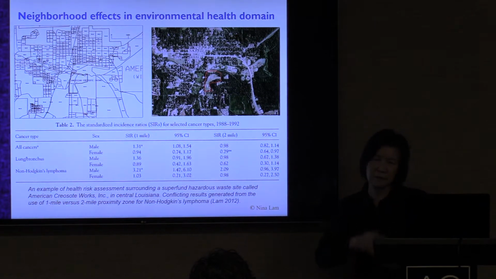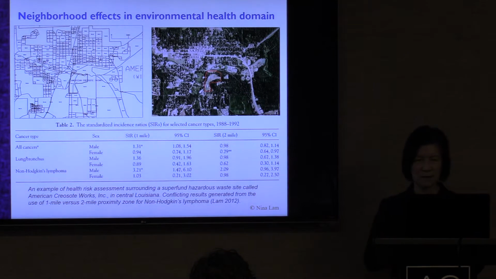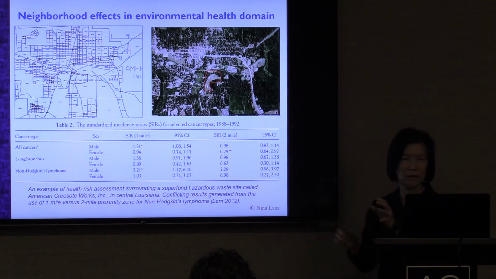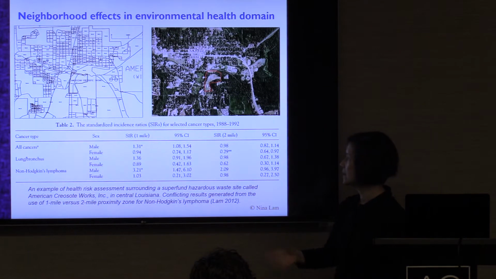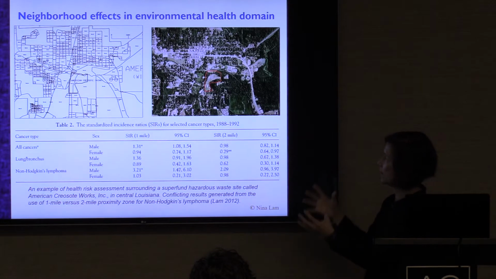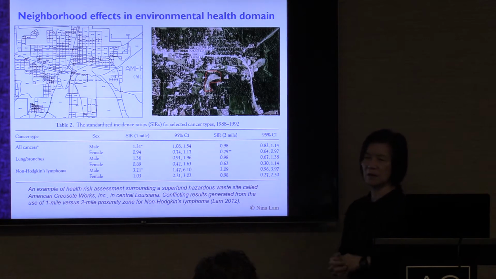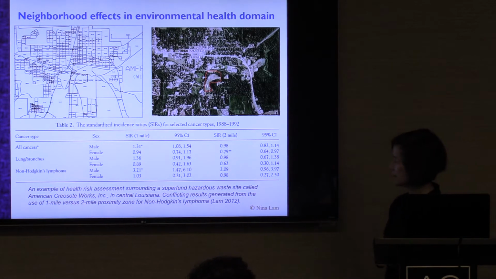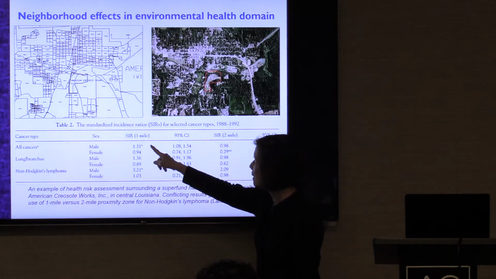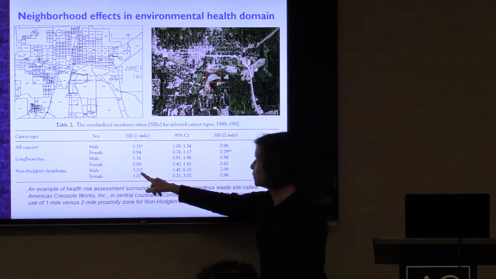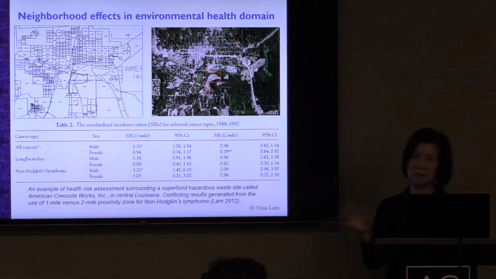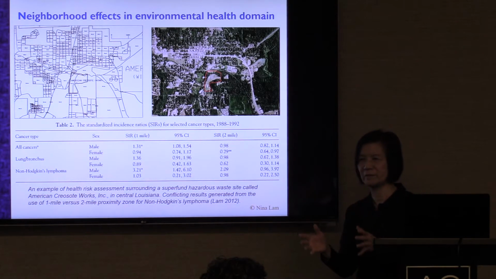In the environmental health risk assessment domain, they always draw a 1-mile boundary and then try to tabulate how many cancer incidents are in the boundary and then compare with the national or some regional standard. Obviously from this study, if we draw a 1-mile boundary, it's really very significant, but not 2 miles or any other distance, or 0.5 mile.